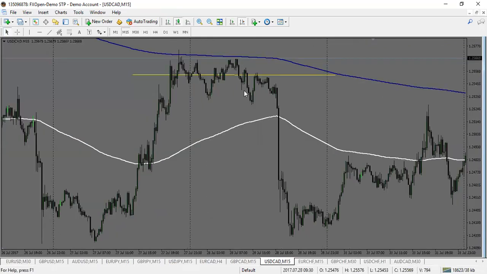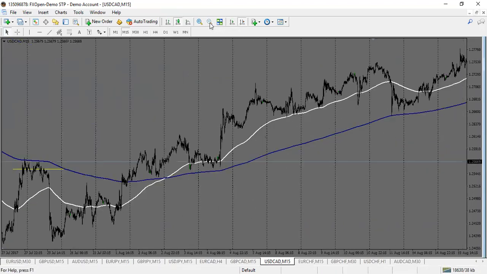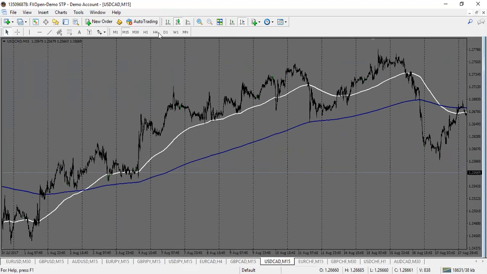Okay. All right. So whenever you see a pin to the 200 on the H1 time frame, on the 15 minutes, it's pinning the 800 EMA. Okay. So if we look at one of these examples over here, the market came in and then dropped aggressively, just touched the 800 EMA.